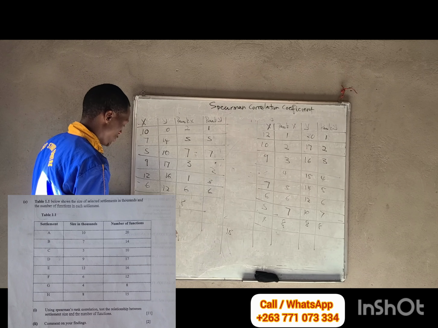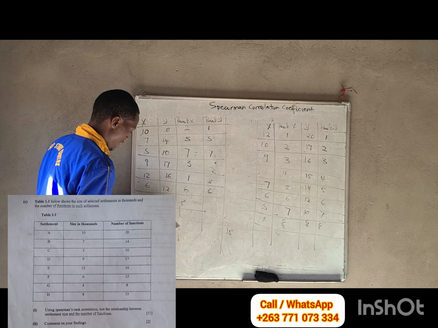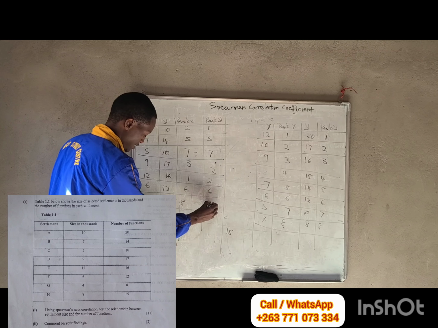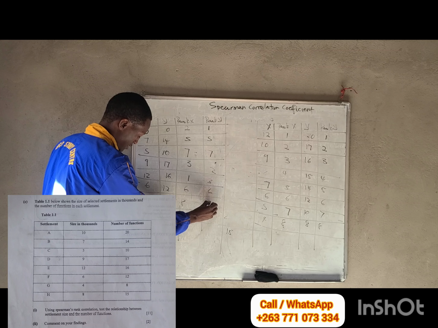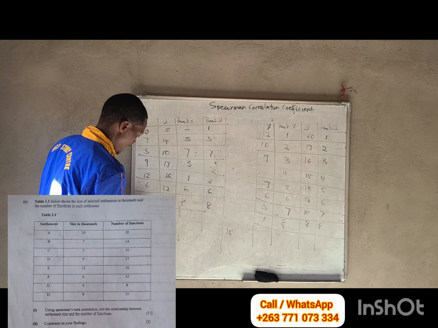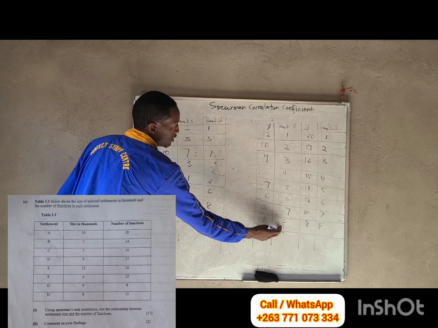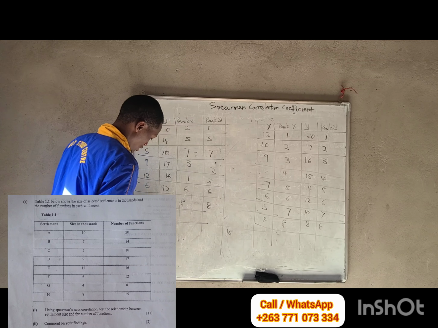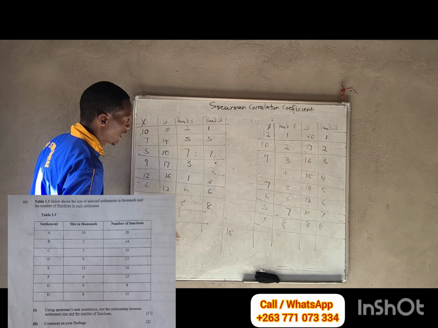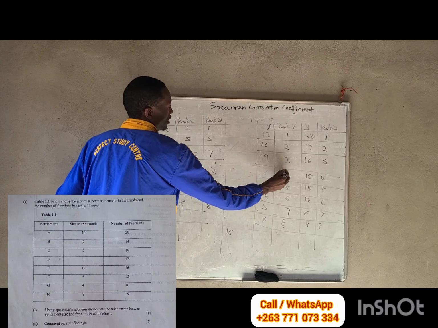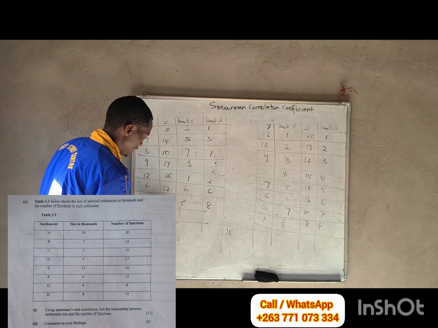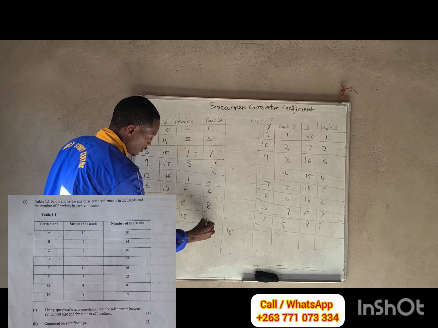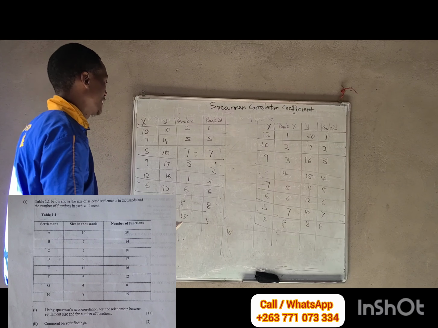Then we have got 8 here. Then we have got 8 as the last value in X here. It is the fourth rank here. Then we have got 15. It is in the fourth rank. So I want to cross check.